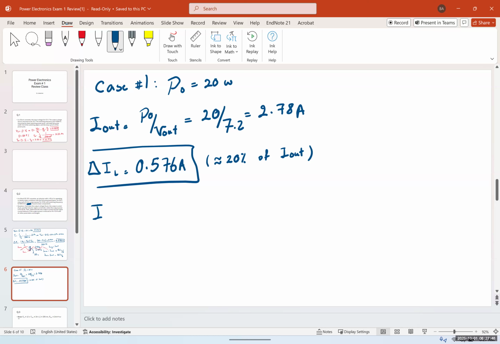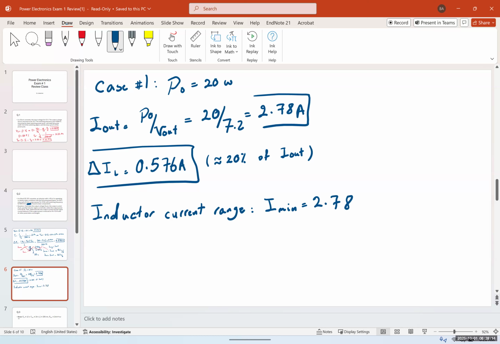Now, the inductor current range. I min, the minimal, would be the output current, which is 2.78, minus delta IL, which is 0.576, divided by 2.